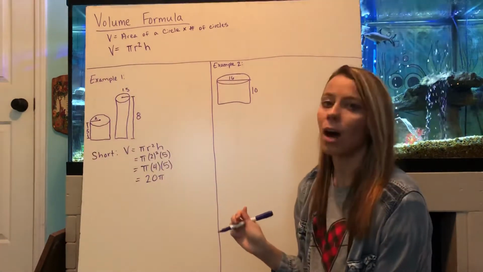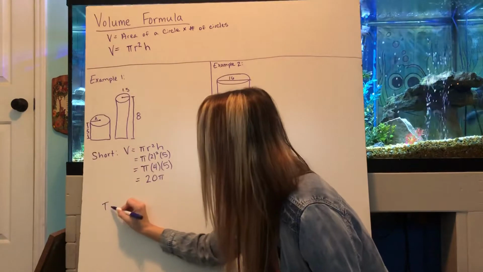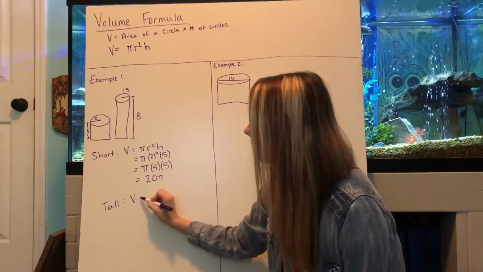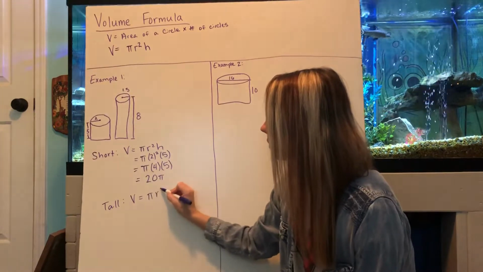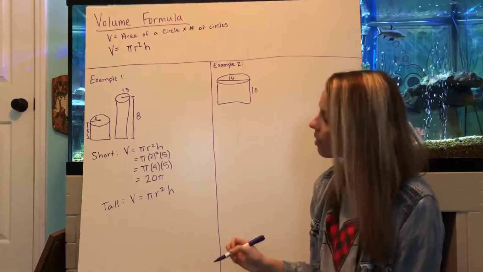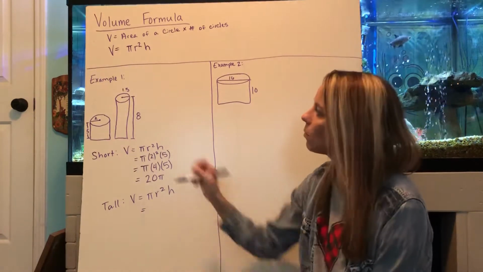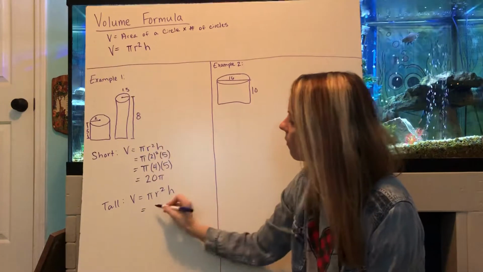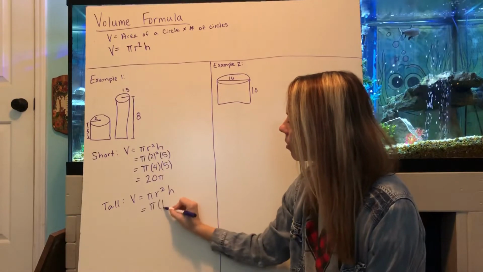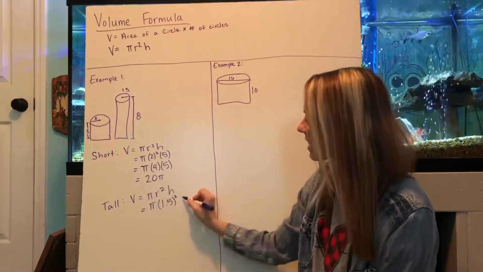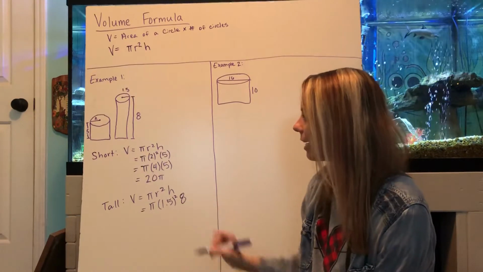Now we're going to do the tall cylinder. So we've got volume equals pi r squared h, a circle times the number of circles. We look at our diagram to get our information. We have the radius is 1.5. And the height is 8, so I'm just plugging those numbers in.